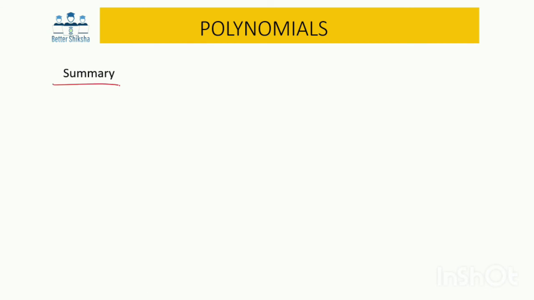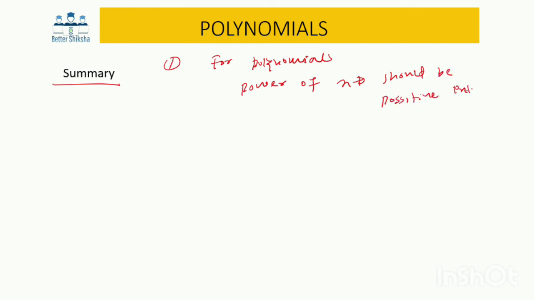So the summary part is we learned how polynomials look. For our polynomials, the power of x should be a positive integer, right? The second part, we learned about the degree.